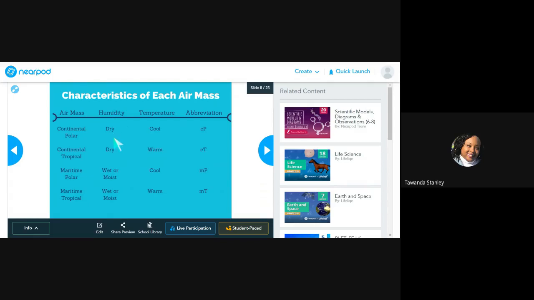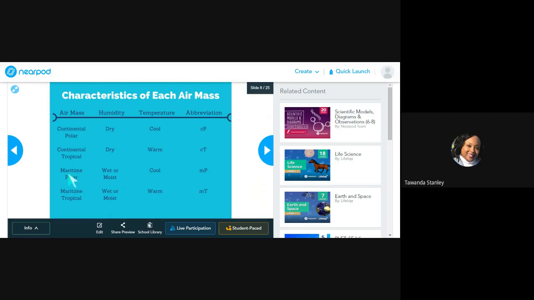The word dry is representing the humidity. The abbreviation is going to be CP, continental polar. Then we have continental tropical. Continental, again, land, dry, that's the humidity. And then the temperature is going to be warm because of the word tropical. CT is the abbreviation.